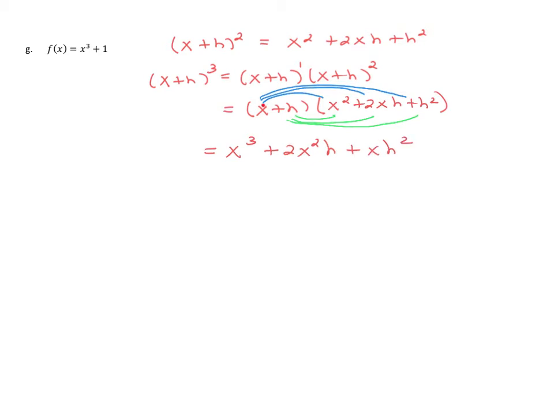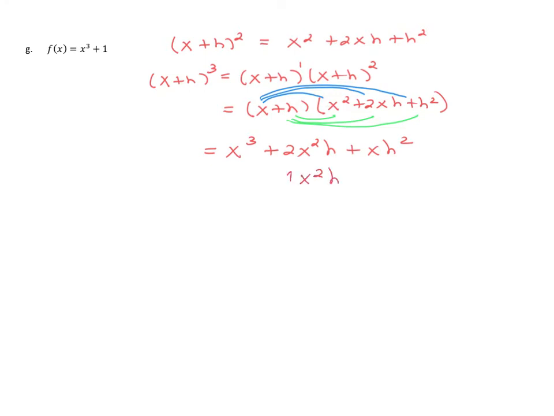That came from taking x and multiplying it first to x squared, then to the 2xh, and then to the h squared. If we multiply in the h to those three terms, I'm going to write it below here, and I'm going to try to line up all of the like terms, which will make it easier to add these things together. So first, h gets multiplied to x squared. That gives us an x squared h term. So this to here, I'll write as x squared h and put it right below here.